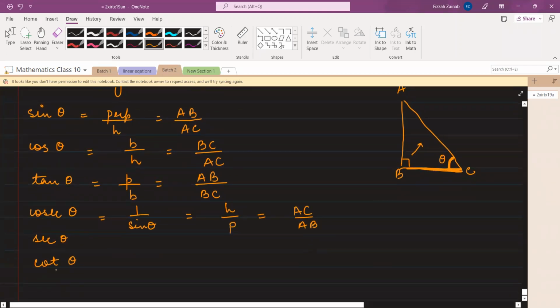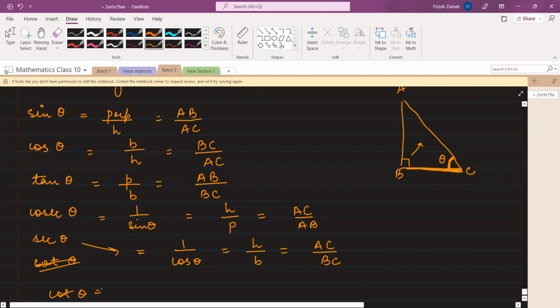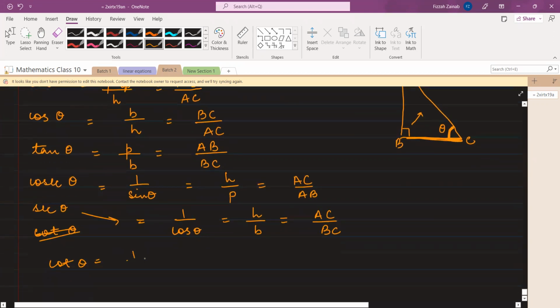Okay. Now sec theta is actually 1 upon cos of theta. So we can invert it. So it is H upon B. So this is AC upon BC, right? And similarly, cot of theta is 1 upon tan of theta, right?